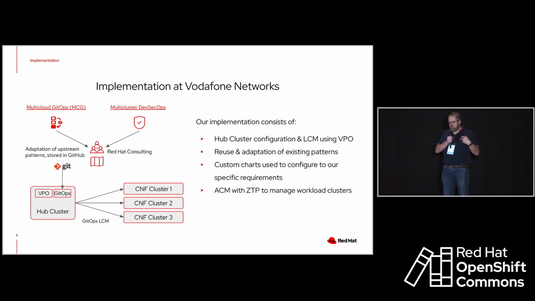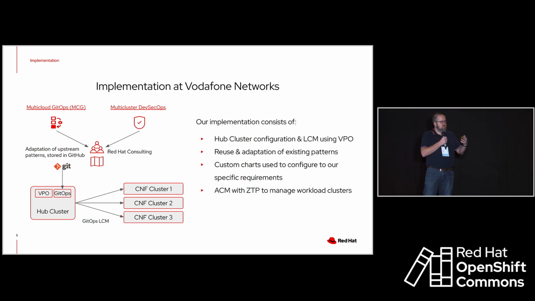So how have we implemented it at Vodafone Networks? We've started from 2 main patterns that are maintained upstream. One is the multi-cloud GitOps pattern. The other is the DevSecOps pattern. We've worked with Red Hat Consulting to adapt those patterns, adding in our own Helm charts and our own artifacts to produce a pattern that's useful for us to deploy a hub cluster, the management cluster with all the management capabilities.